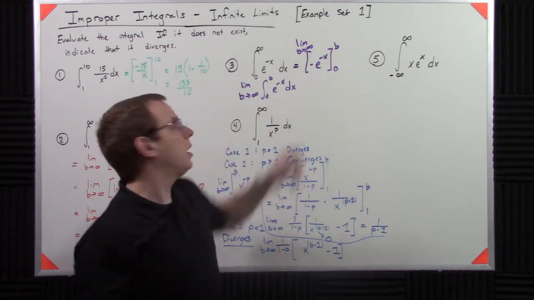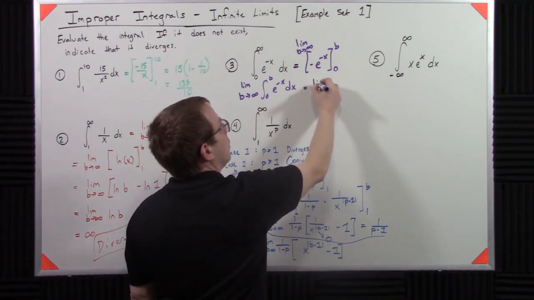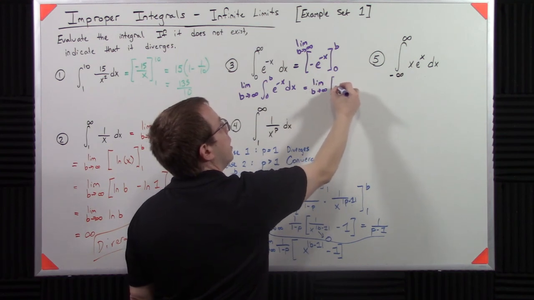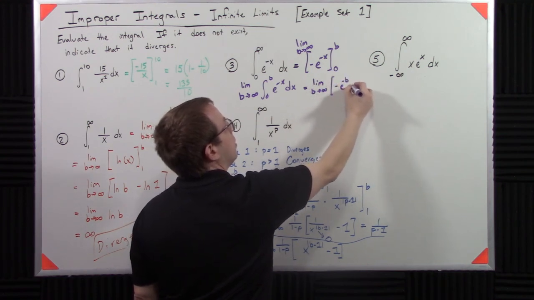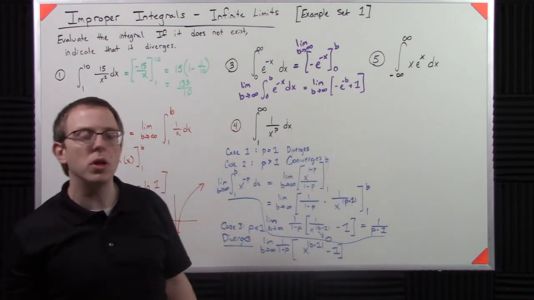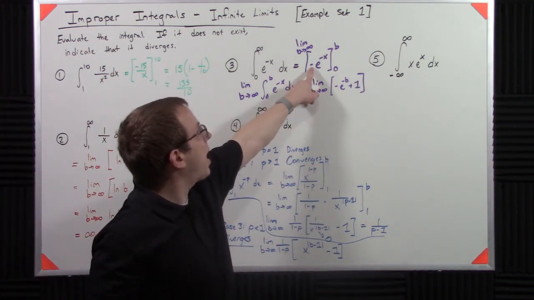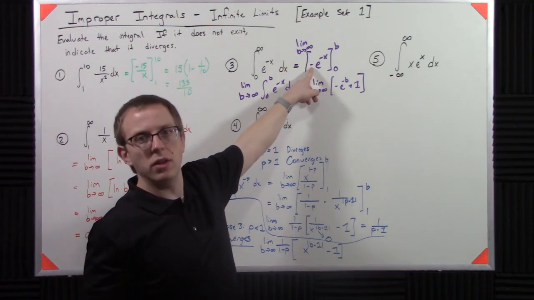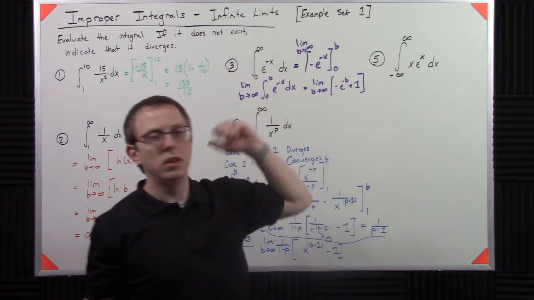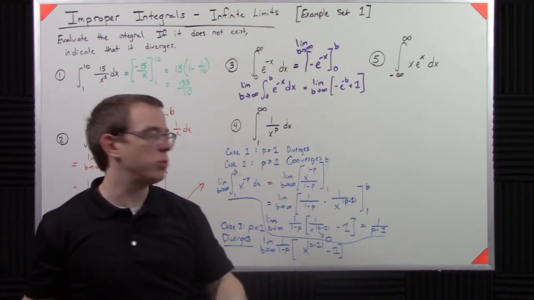So this is the limit as b goes to infinity from 0 to b here. So when I plug in, I get the limit as b goes to infinity of negative e to the negative b plus 1. So you end up with a plus 1 because you're subtracting negative e to the negative x. So it's really plus e to the 0, and e to the 0 is 1.